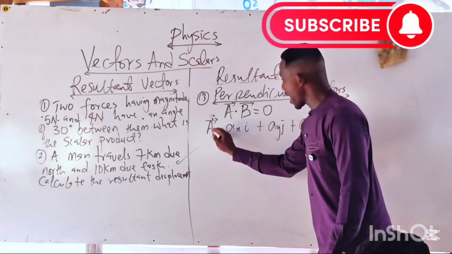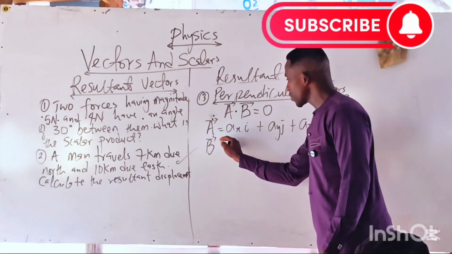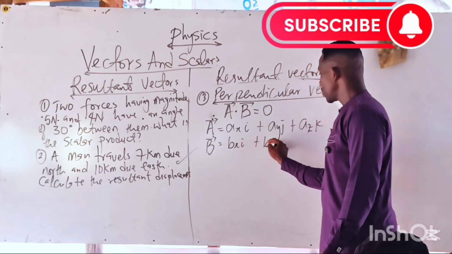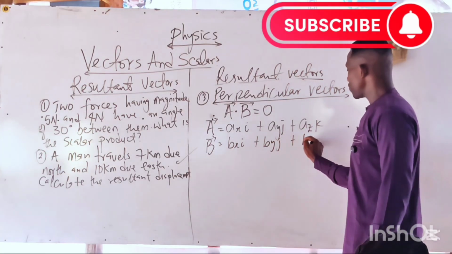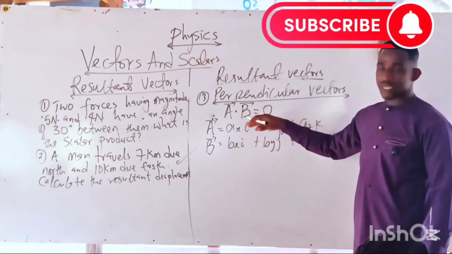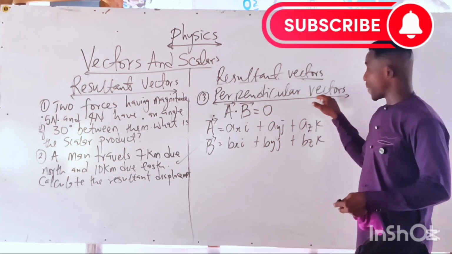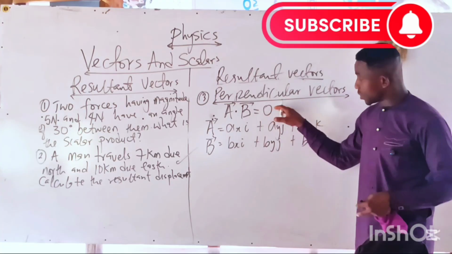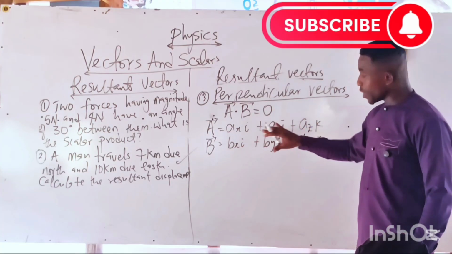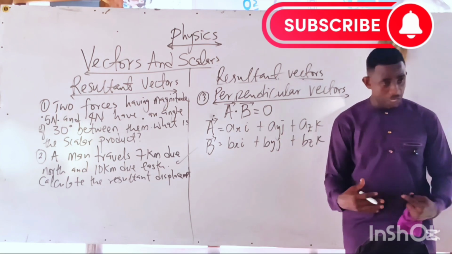Now, we are talking about vector B equal to BXi plus BYj plus BZk. So when we say if two vectors are perpendicular, their dot product is 0, we are actually referring to these vectors. So you have to see how we talk about multiplication of vectors.